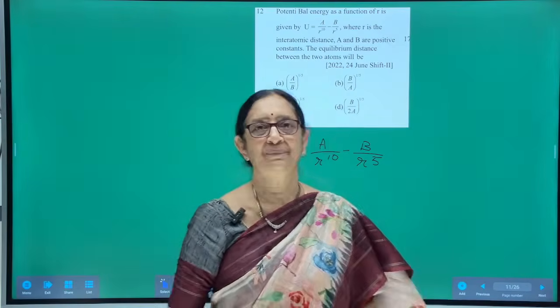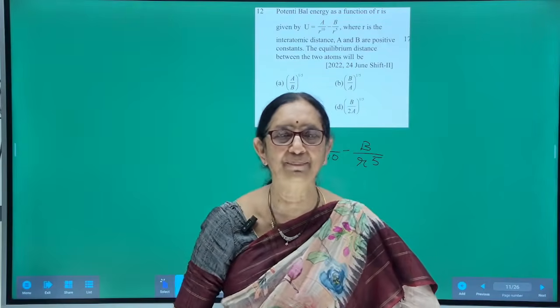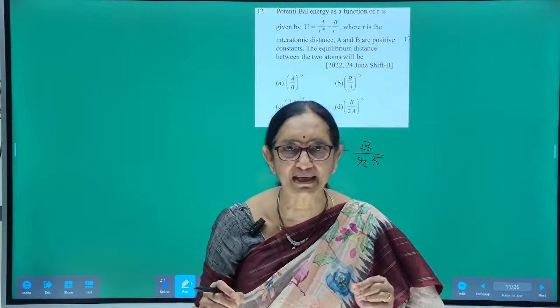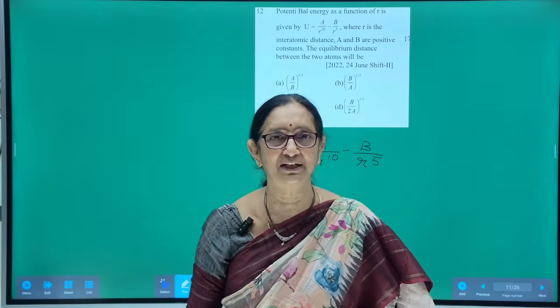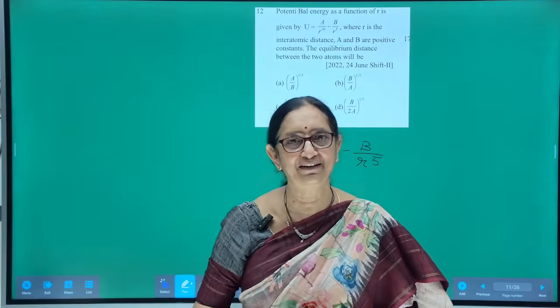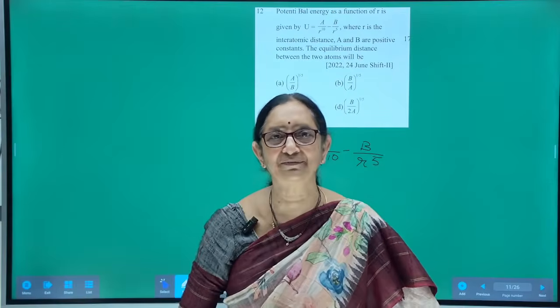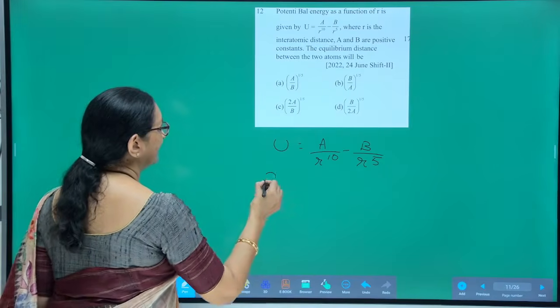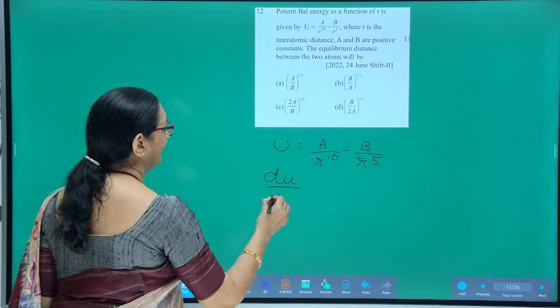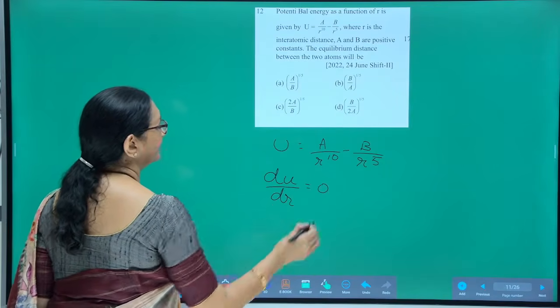Find the equilibrium distance. See, the condition for equilibrium is that potential energy is minimum. Any system will be in equilibrium if the potential energy of the system is minimum. So, here the minimum condition is dU by dr is equal to 0.